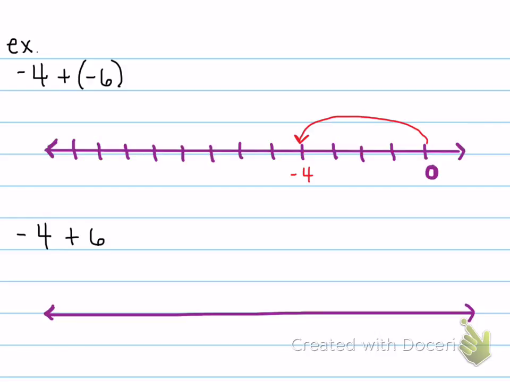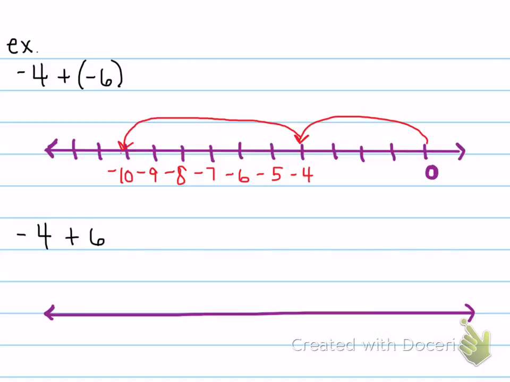Since we're adding another negative, that means I have to go again to the left 6 more, because negatives go to the left. So I'm going 1, 2, 3, 4, 5, 6 more. And that takes me to -10, just like we found in the last one.